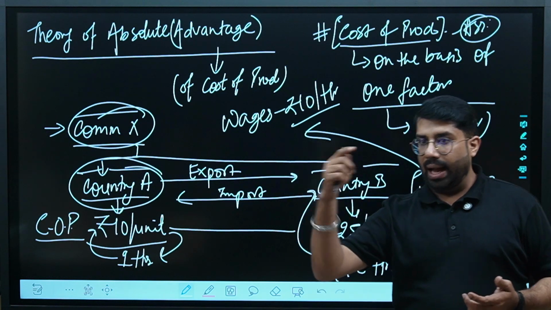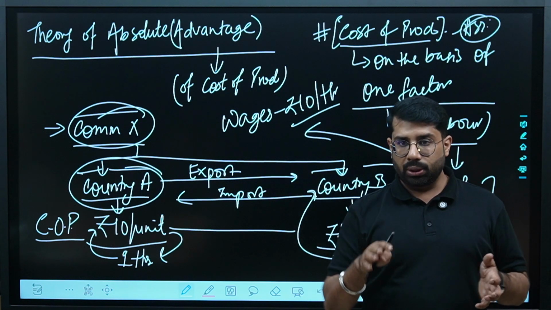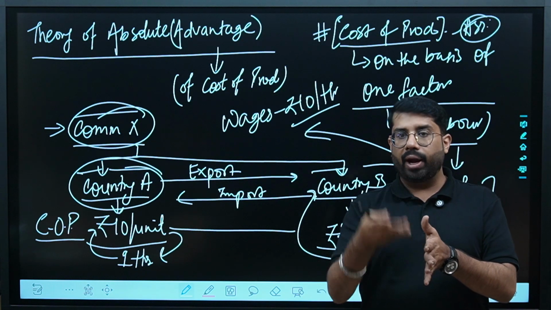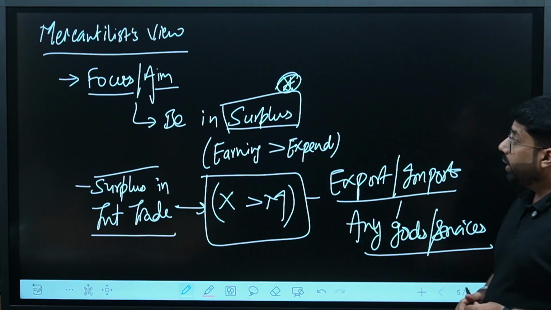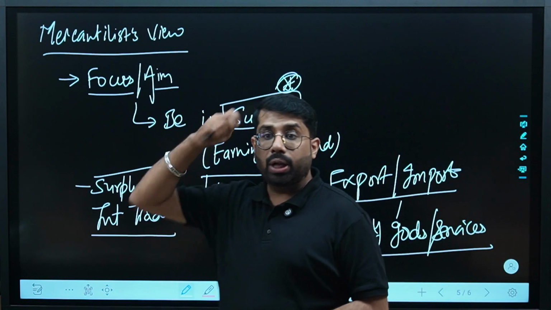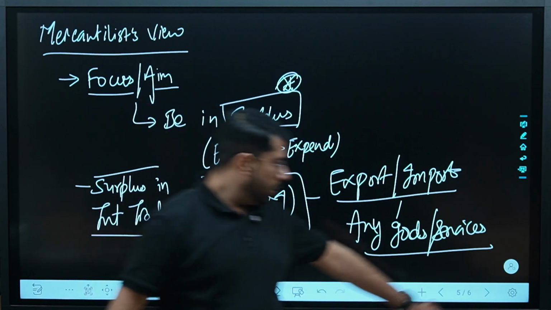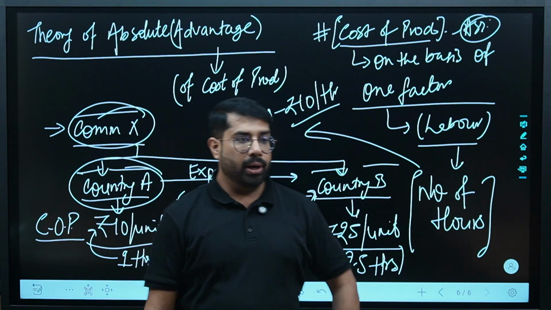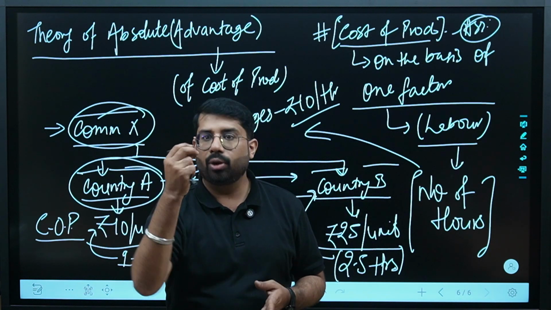One second. As and when you move from one theory to another, you will see that the next theory is a refined version of the previous theory. For example, mercantilists say whatever you want, you export, whatever you want, you import, but you should be in surplus. The second theory says, don't export like that, don't import like that, at least you decide the cost of production.